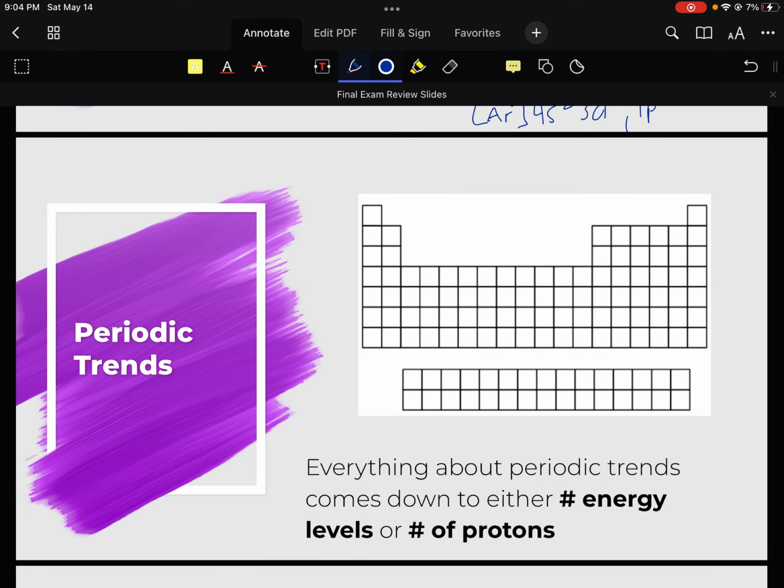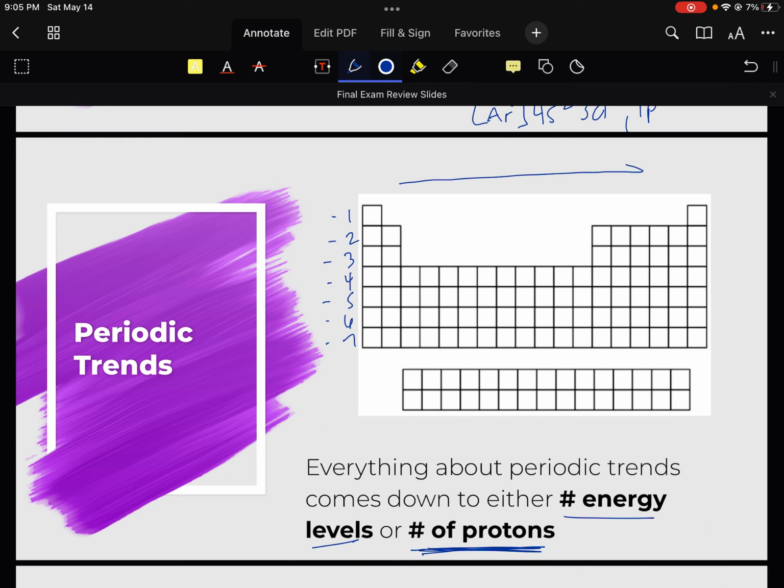All right, for our periodic trends, we are going to relate everything to 2 things. We want to look at energy levels. We know that my energy levels increase as we go down. So every row tells us how many energy levels we have. So on the first row, we have 1 energy level, 2 energy levels, 3, 4, 5, 6, all the way down to 7 energy levels. And then we want to look at our number of protons, right?